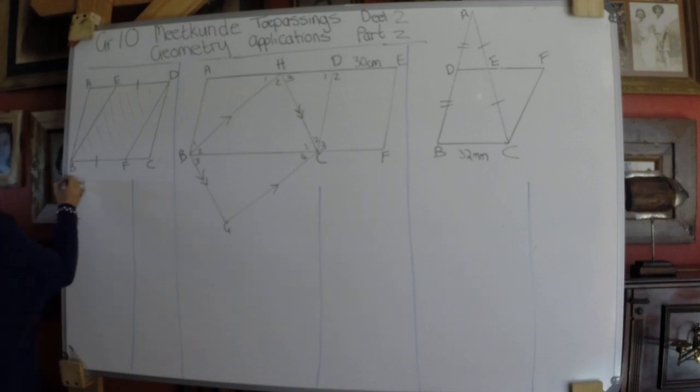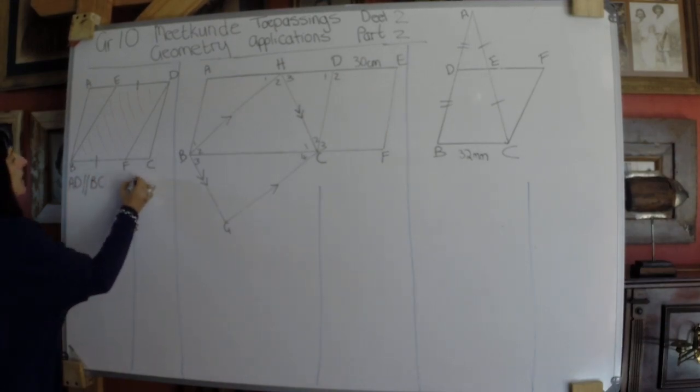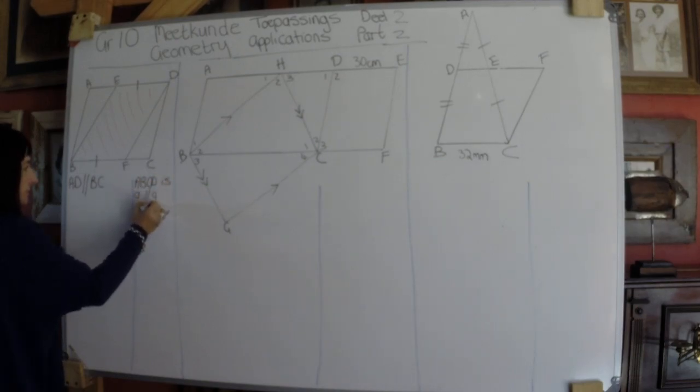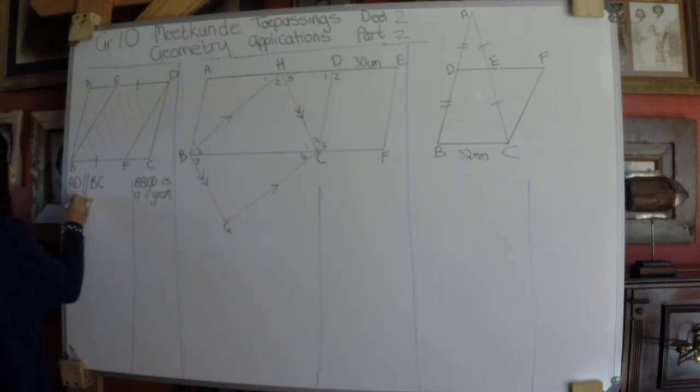So we can say that AD is parallel to BC. And the reason for that is ABCD is a parallelogram. But then we can also say that ED must be parallel to BF too. Why?